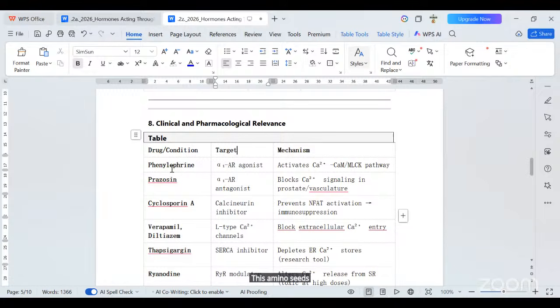So what does the clinician do? The drug that is given is a drug that targets alpha-1 AR, an agonist of alpha-1 AR, and it works by activating the calcium CAM-MLCK pathway.